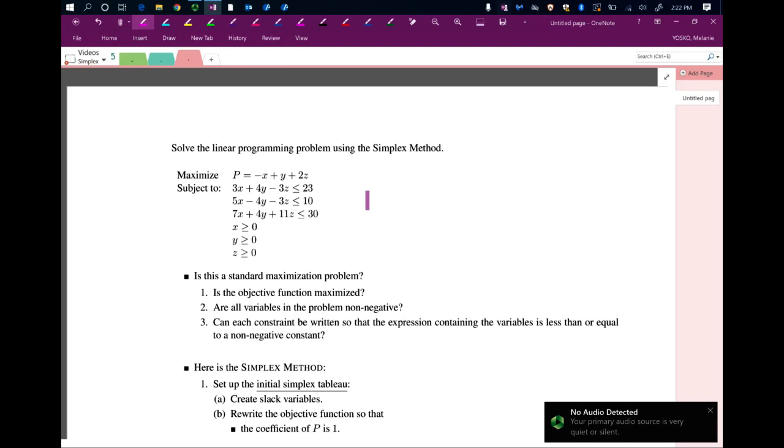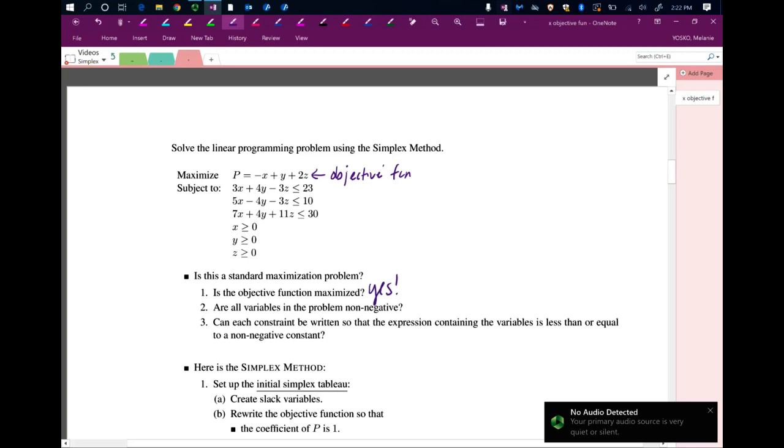Before we get too excited, we have to verify that we have a standard maximization problem in order to use this process. So, is the objective function maximized? Well, let's make sure we know where the objective function is. This is the objective function. Okay, we see yes, it is maximized.